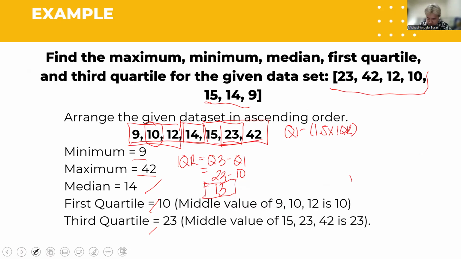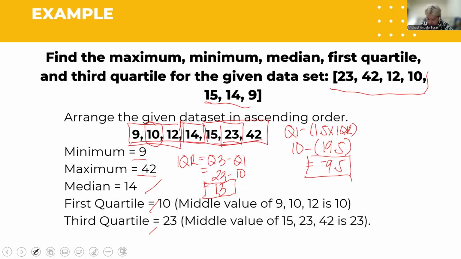Q1 is 10, minus 1.5 times 13, which is 19.5, so you get negative 9.5. Any value below negative 9.5 is considered an outlier.